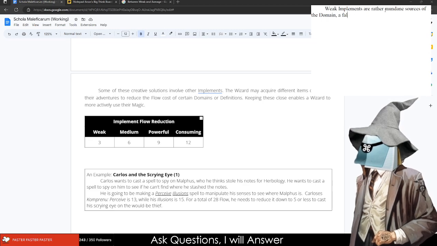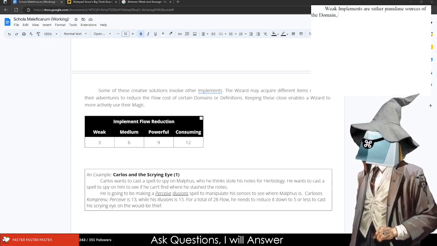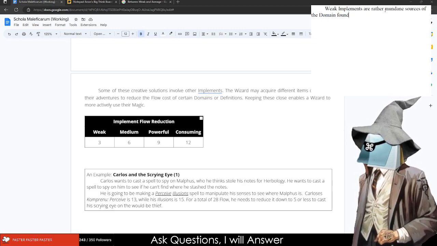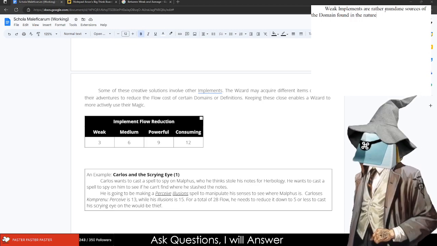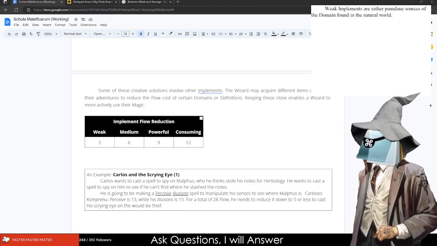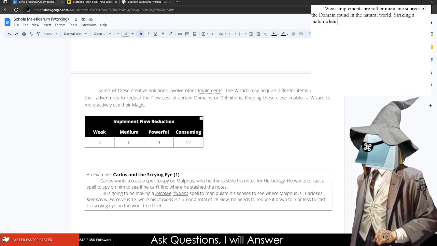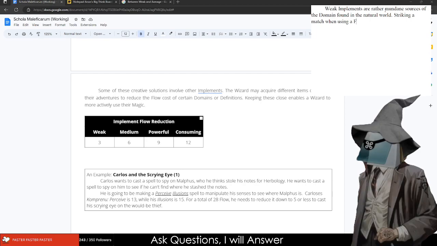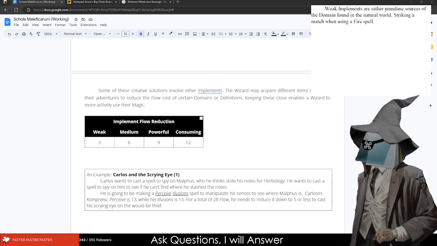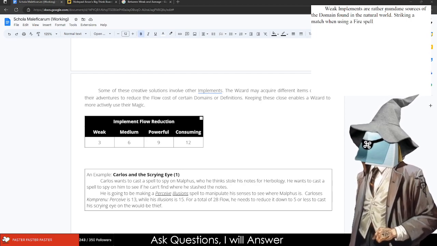A flashlight, a rather mundane source of the domain found in the natural world. Striking a match when using a fire spell.